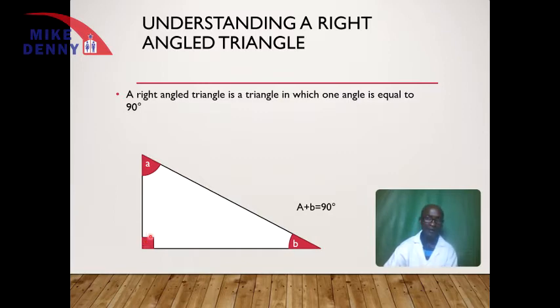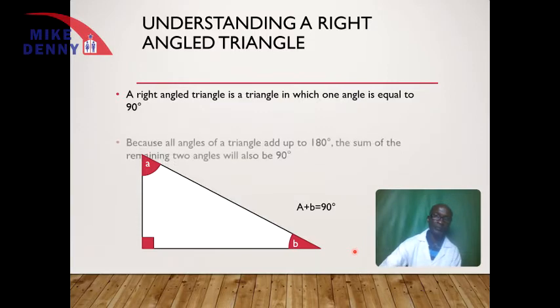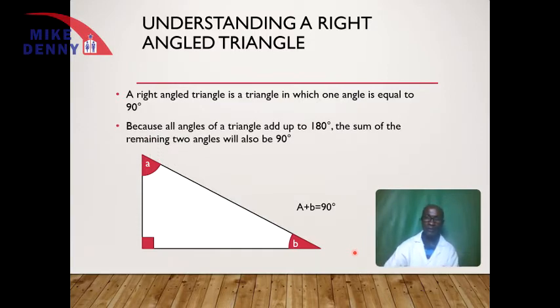Because the sum of the internal angles of a triangle is 180 degrees, if this is already 90, then the remaining two angles should add to 90 degrees. So in a right-angled triangle, these other two angles, which are not right angles, will add up to 90 degrees. Take special note of that.